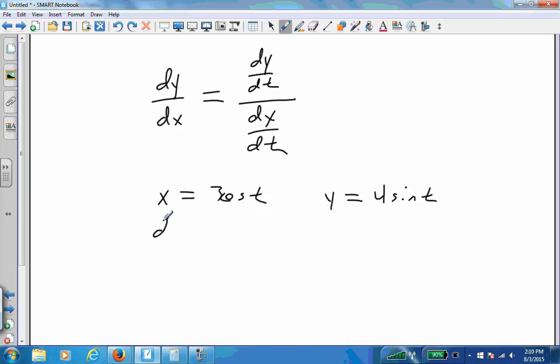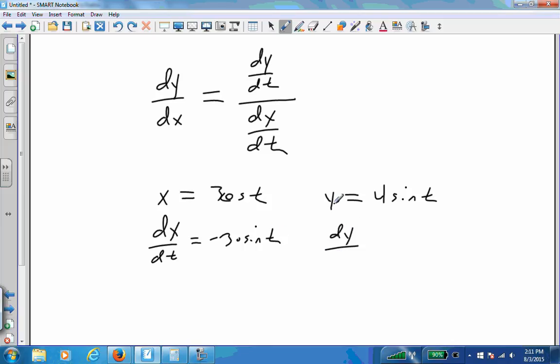So if we do dx dt, the derivative of x with respect to t, that's 3 times the derivative of cosine, which is negative sine, so minus 3 sine t.